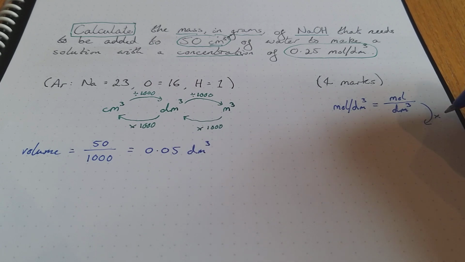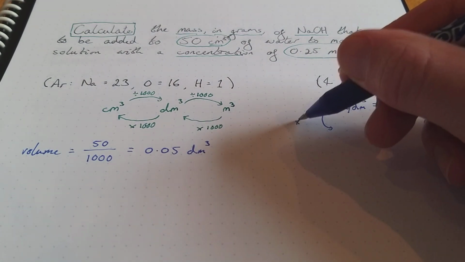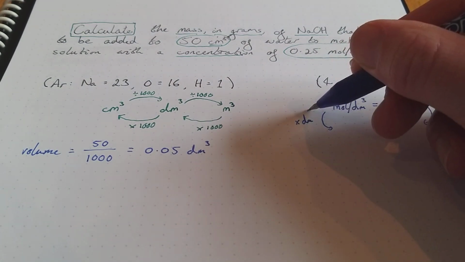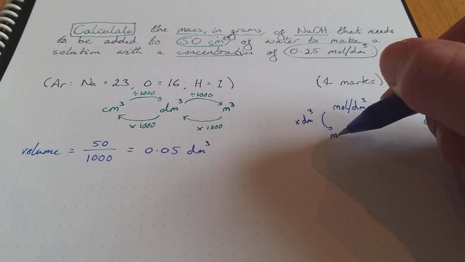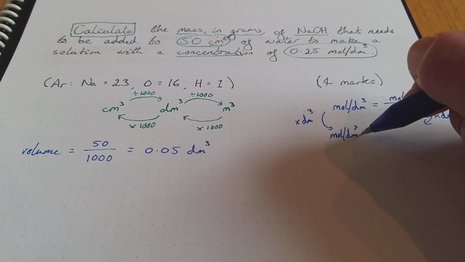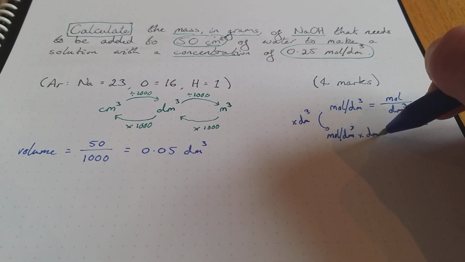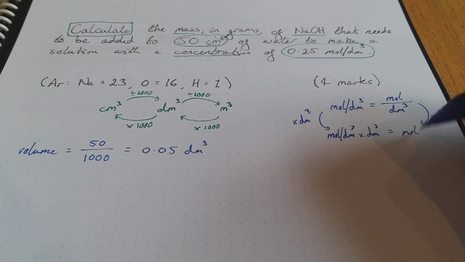So if we times both sides by our decimeters cubed, that tells us if we do concentration times by volume, that will give us our number of moles.